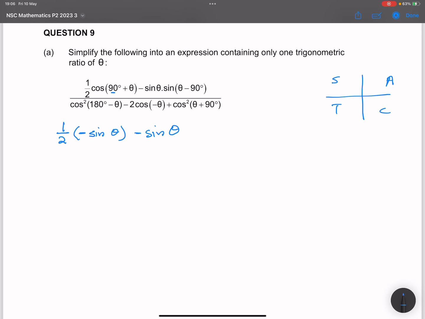Now we've got sine of theta minus 90. Remember, you always add 360 if you've got a negative reference there. So that is going to be 360 minus 90, that gives you 270, and so that will be 270 plus theta. That should be in the fourth quadrant.